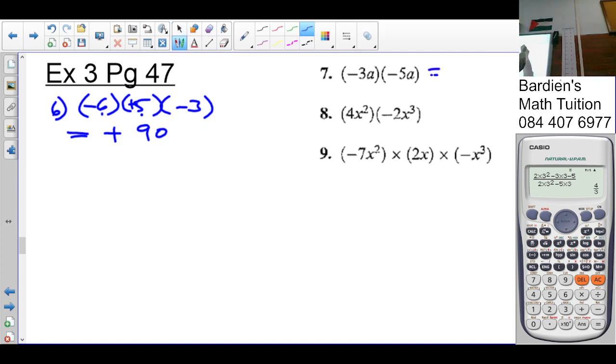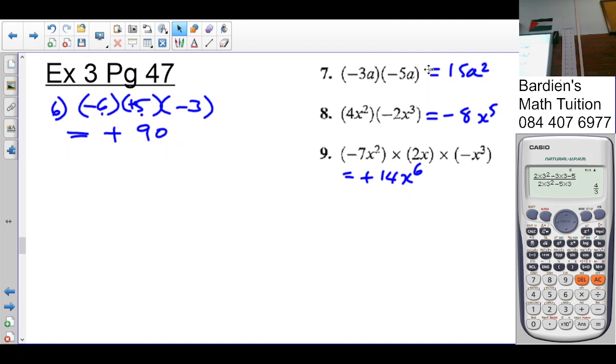The next answer, number 7, is 15a squared. I think that one you gave already. The next one, negative 8x, 5, and the last one, positive 14x, 6. You don't need a positive. Any issues there with those 2 sums? You all okay with this, no?